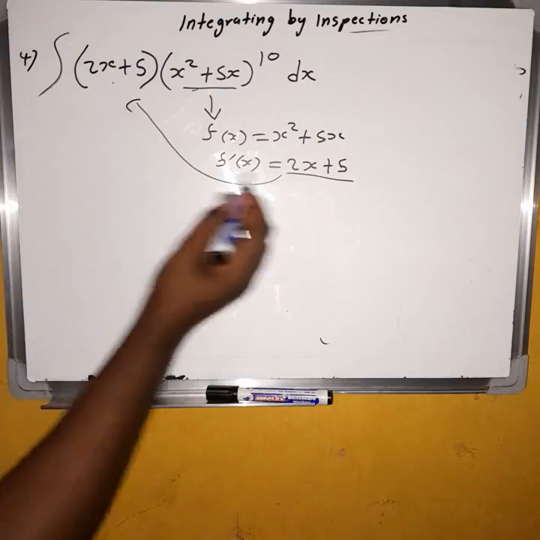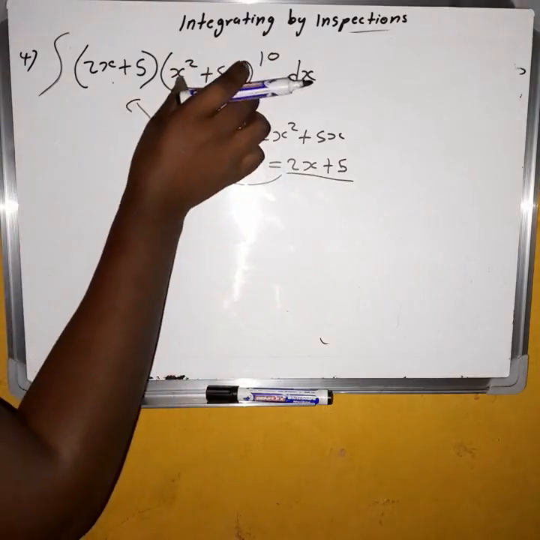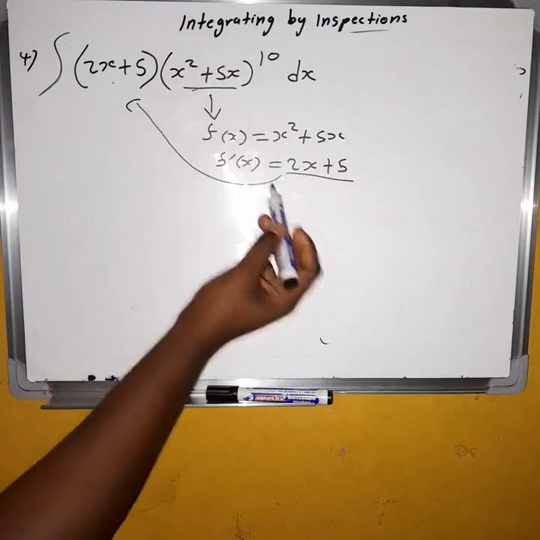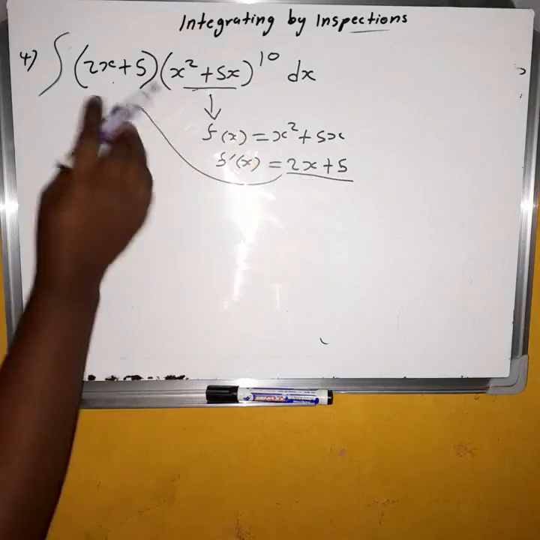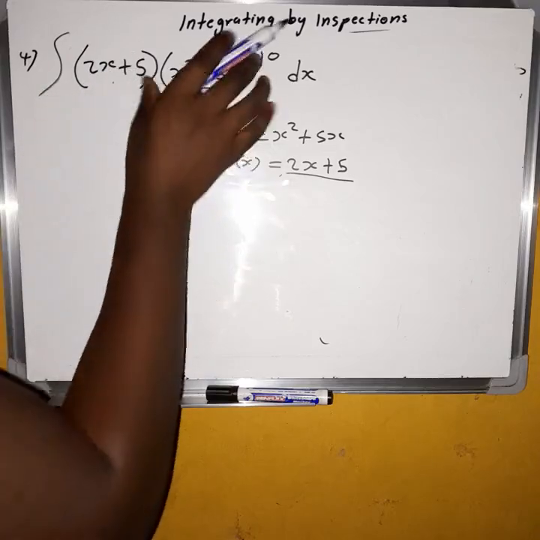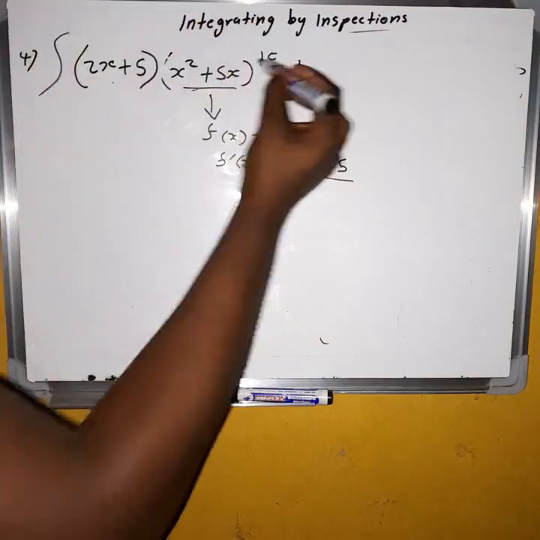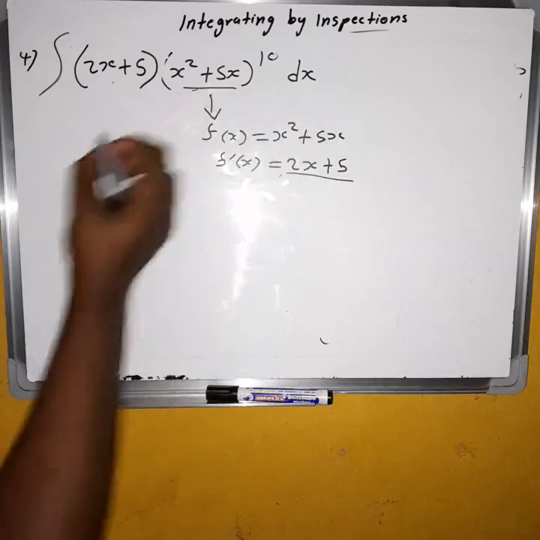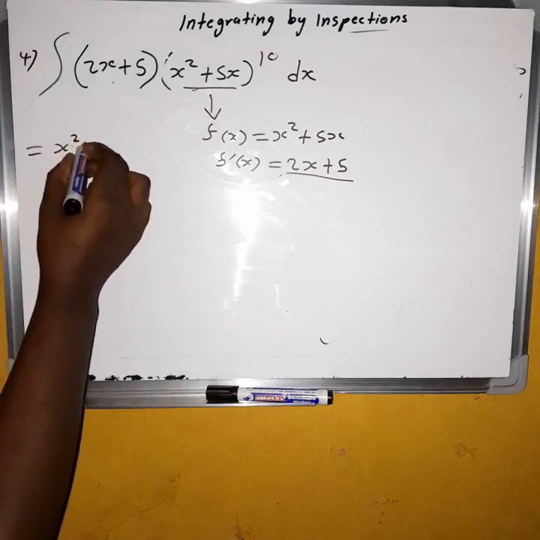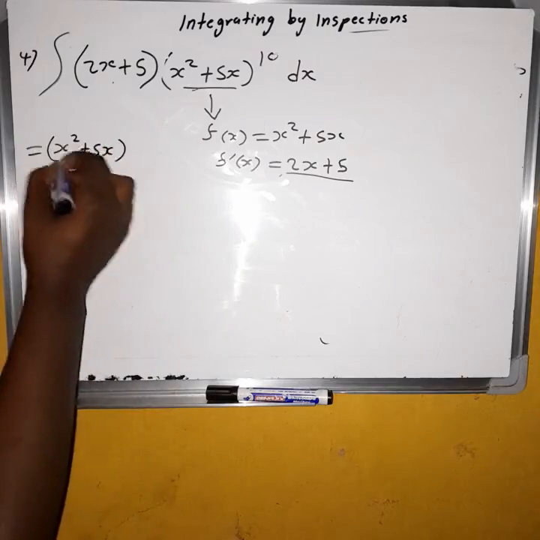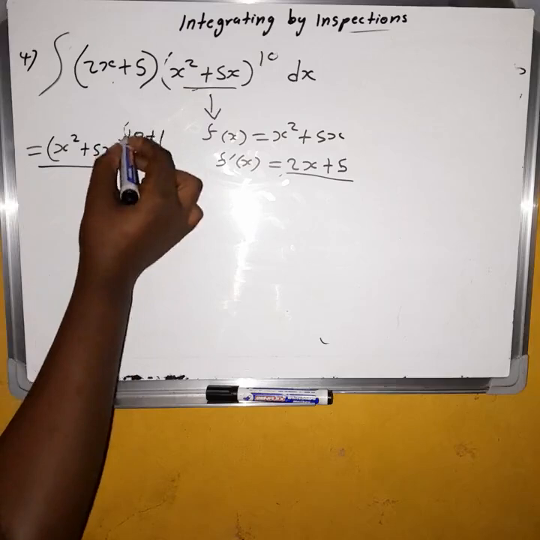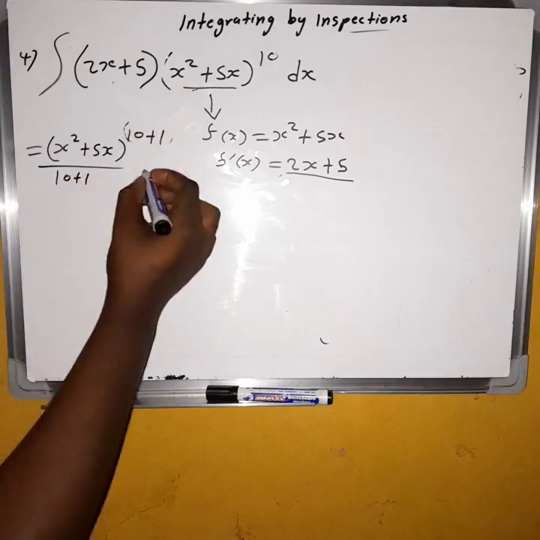If we differentiate what is inside the bracket, and we find that it is the same as what is multiplying, we will simply take only this, x squared plus 5x, raised to the power 10 plus 1, also divide by 10 plus 1.